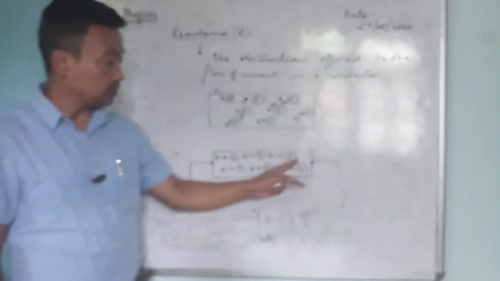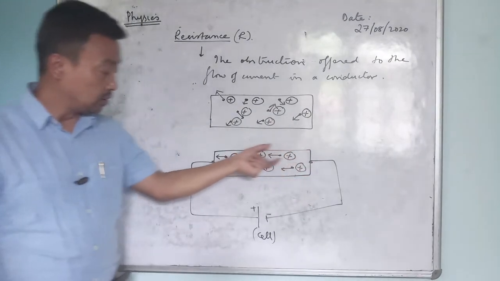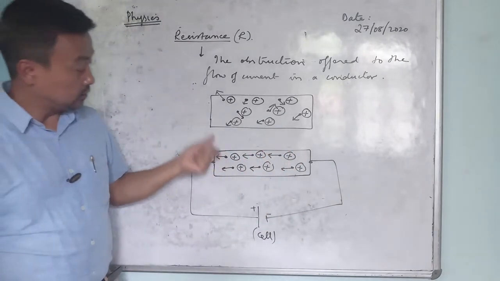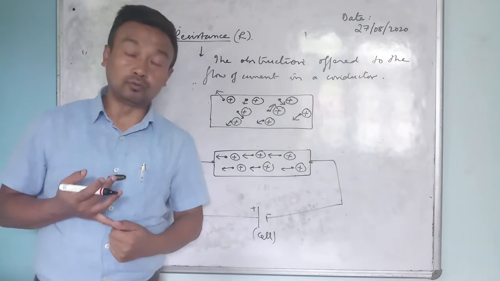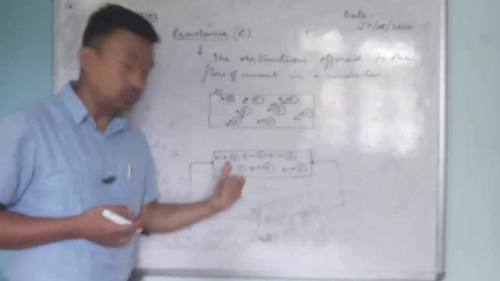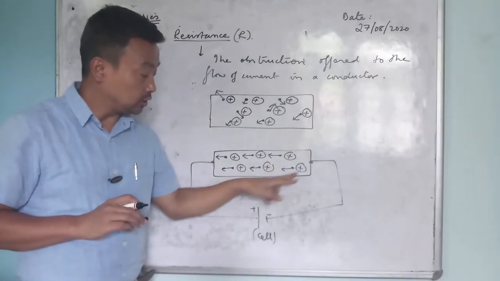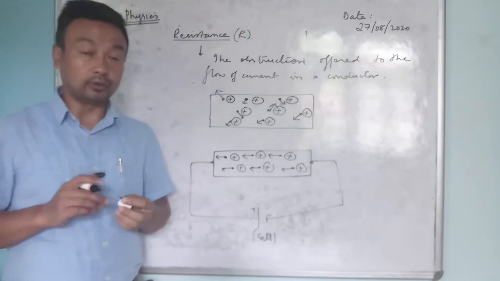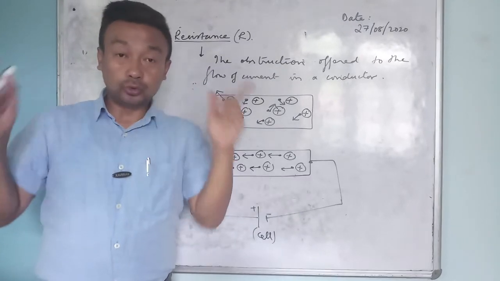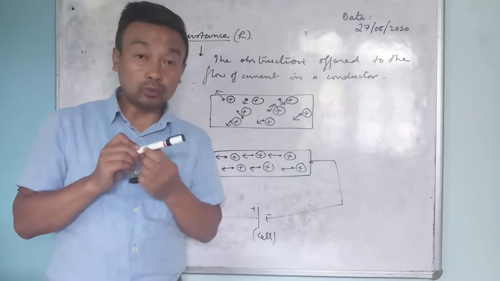So now there is a continuous flow of electrons. When these electrons are moving, their speed increases, they gather force, and they collide with these positive ions, and some of the energy is lost. Due to that lost energy, the wire gets heated. You must have observed that when a wire is connected to a circuit, to a cell, the source of current, the wire is quite hot.